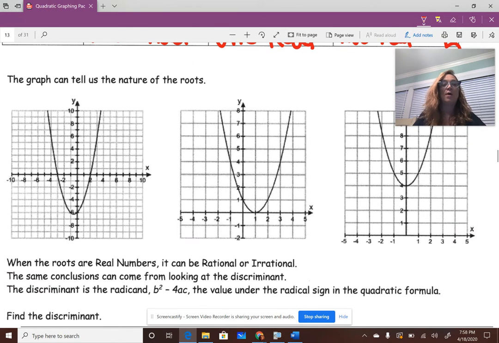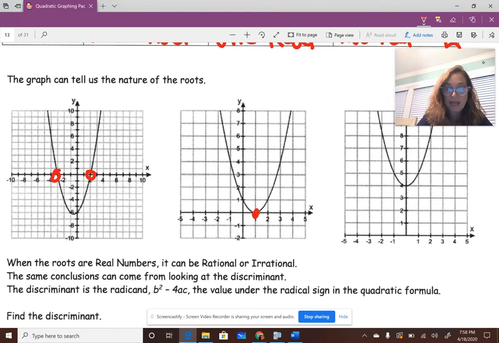All right, so the graph can tell us the nature of the roots. So if I look here, I can tell that that's 2 real roots. If I look here, I could tell that that's 1 real root or 2 equal roots.